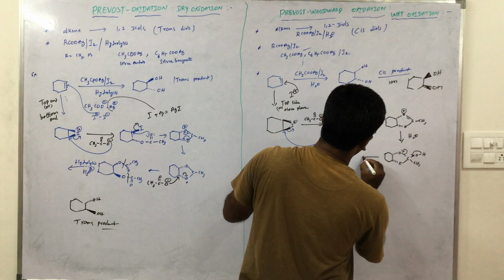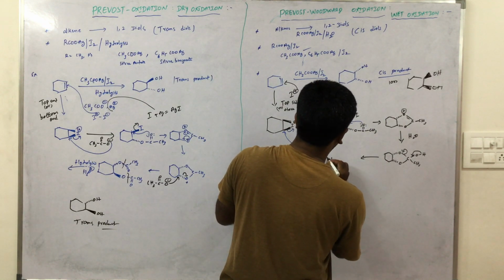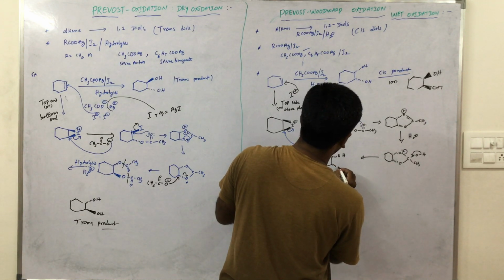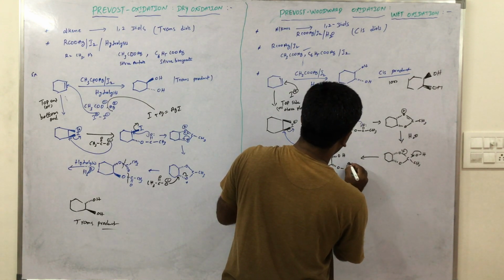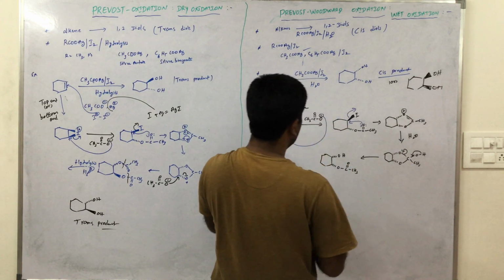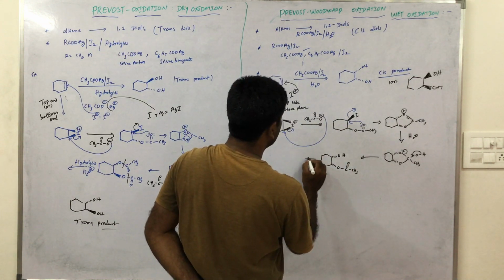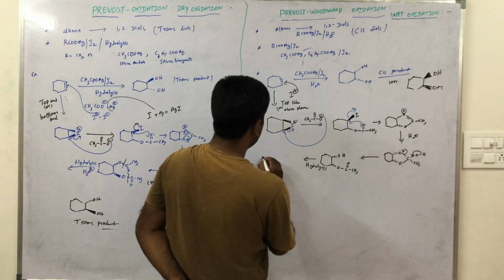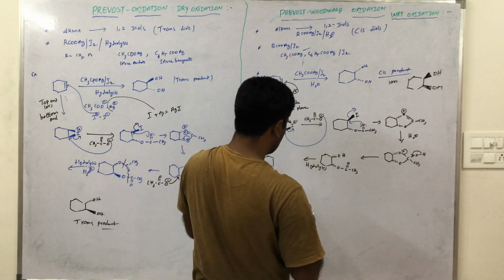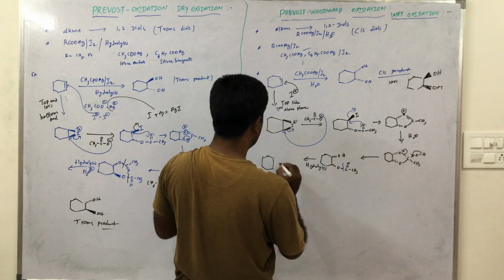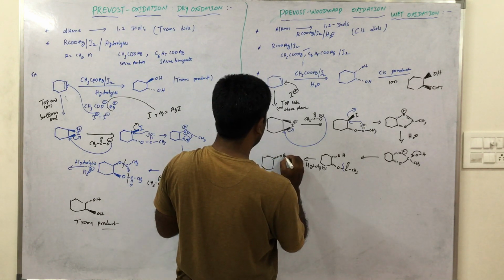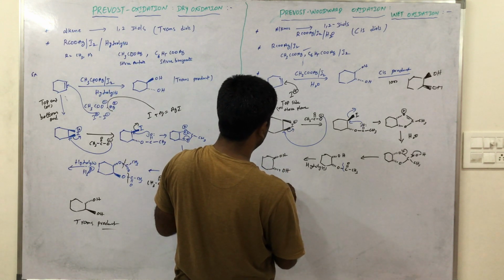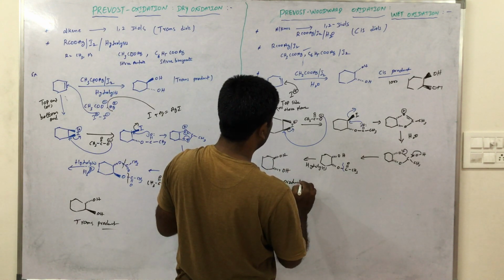Okay, now the remaining product is the same OH and O C double bond O CH3, and here hydrolysis takes place. We get here the bond broken down. Okay, dotted line. Okay, this is the cis product.